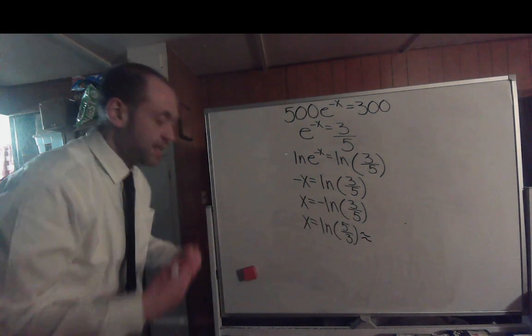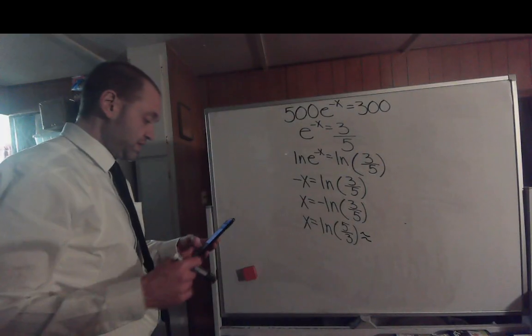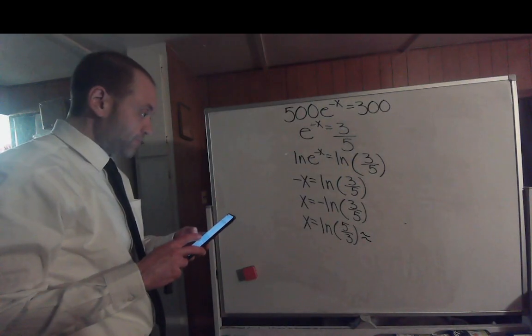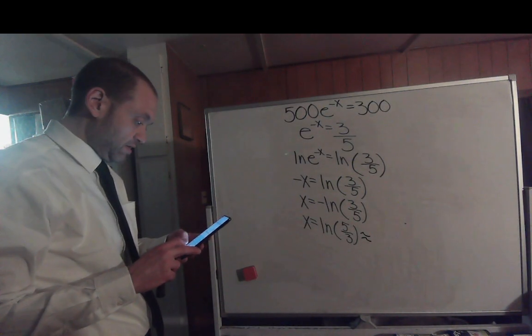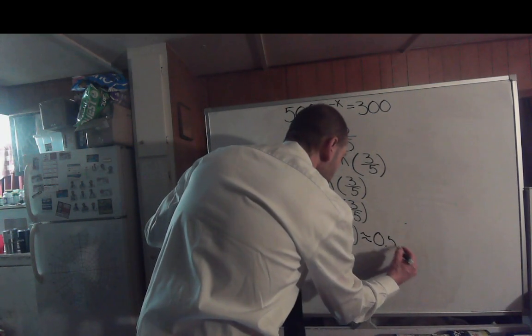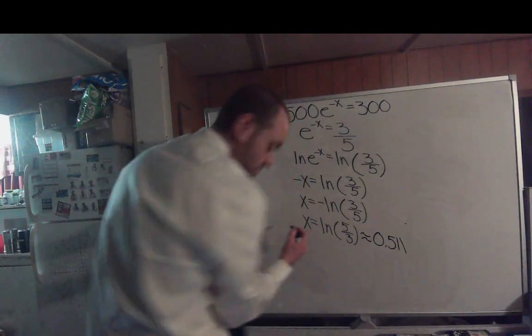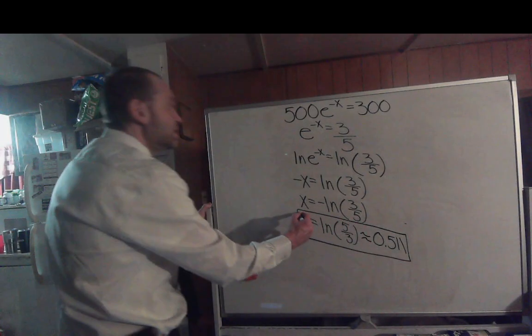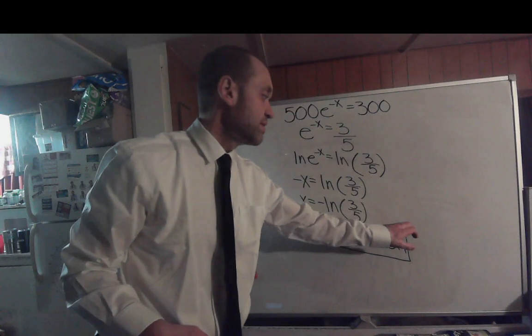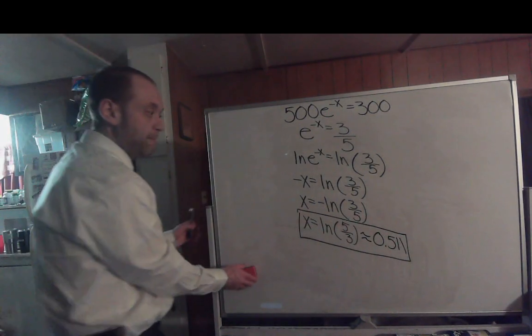Now we can get an approximate solution to this. You get approximately 0.511. So x would equal exactly the natural log of 5/3, or approximately 0.511.